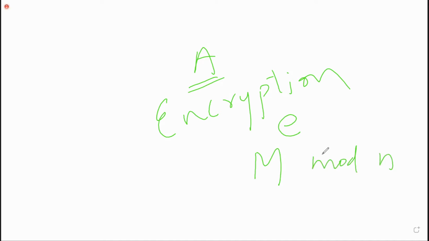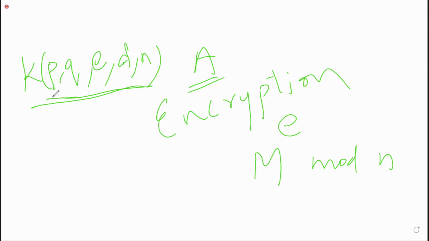What is N? N is nothing but the product of two prime numbers. Again, N is also public. The key consists of the prime numbers P and Q, the public key, the private key, and N. Among all these 5, the public key and the product of prime numbers are public, known to everyone.